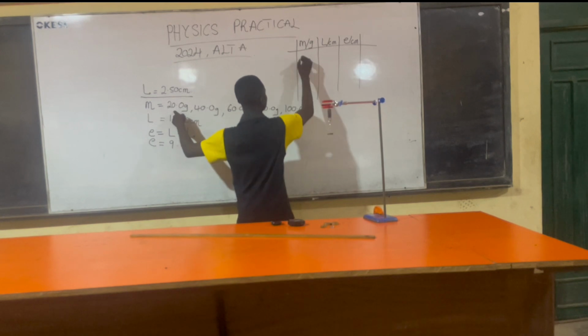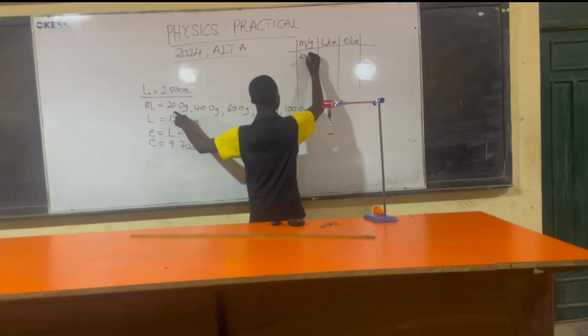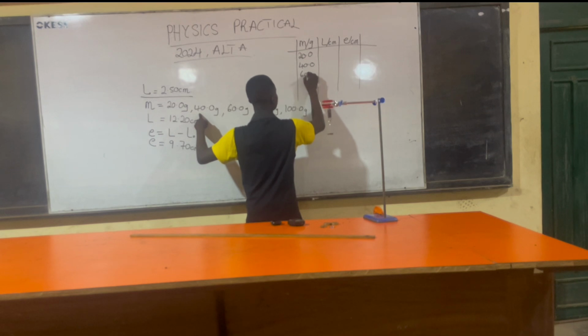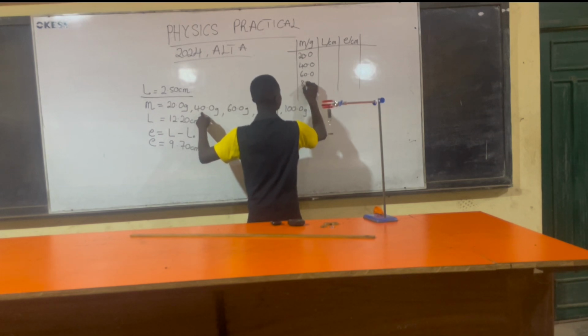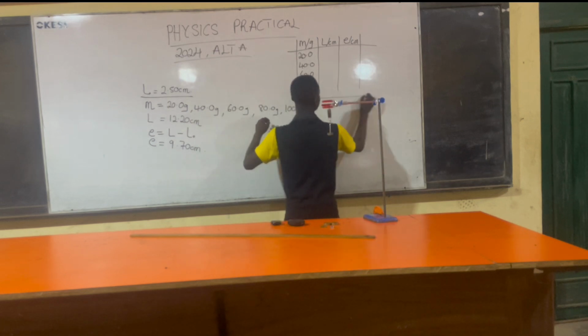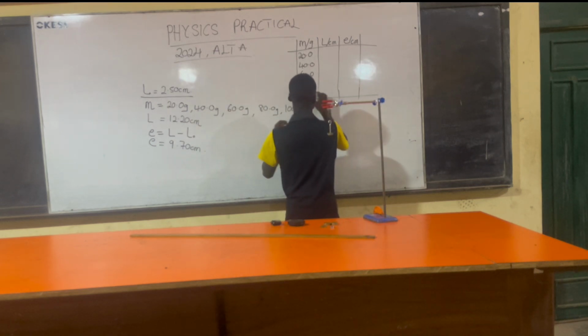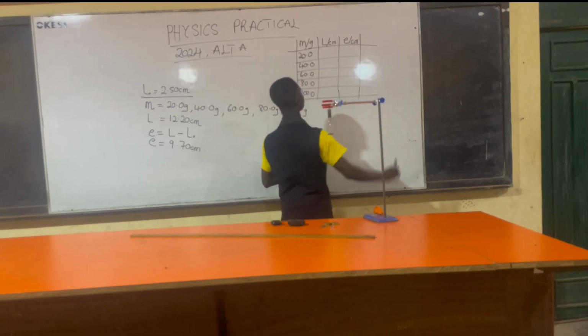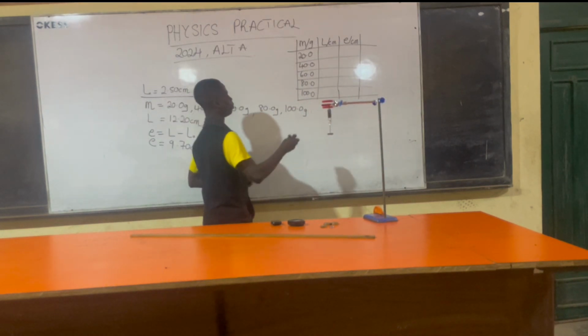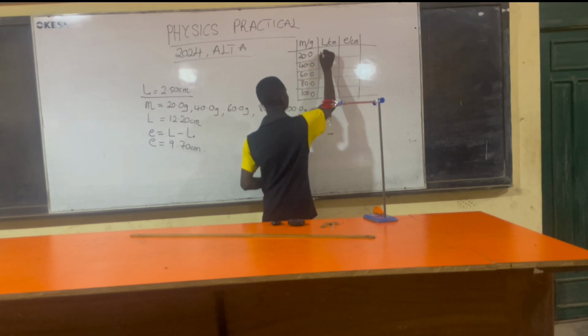The first one was 20.0, followed by 40.0, 60.0, 80.0, and 100.0. For our first value we have L as 12.20, so we record it over here.